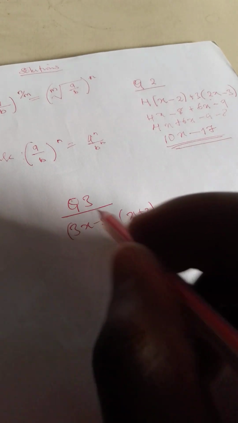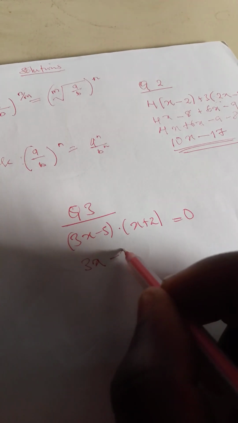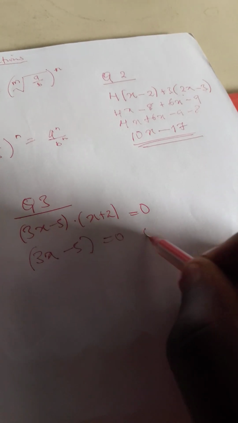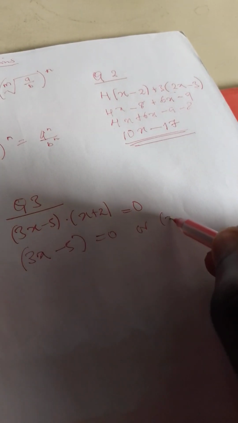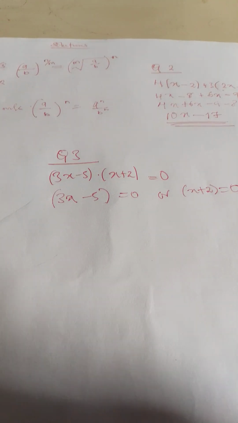So you start with 3x minus 5 is equals to 0, or x plus 2 is equals to 0, like that. From there, you can solve them separately.